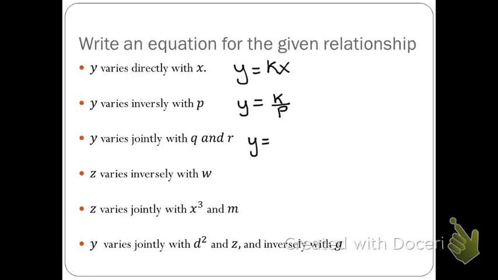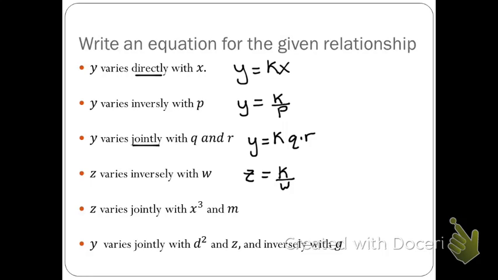Y equals k. K is always involved. Q times r. Remember, jointly is just directly more than once. That's all it means. All right, this one says z varies inversely with w. K is involved, but it's inverse, so z and w are on different lines. Good.